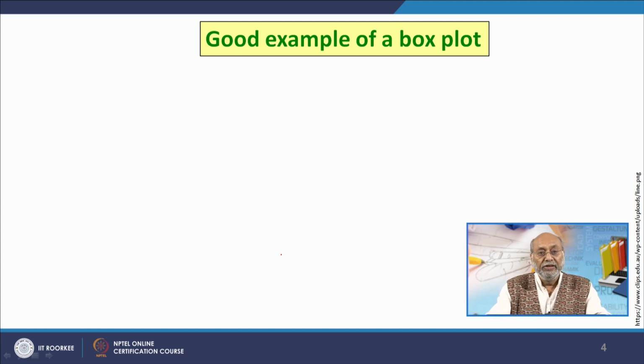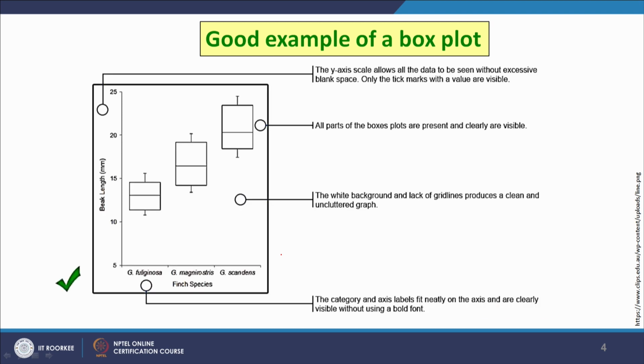Now, we can see a good example of a box plot, which we generally use to show the error margins and other things. Again, see that the beginning and end of the y axis is between 5 to 25, not between 0 to 30 or 0 to 100, because we want to show things much more clearly. Second, the area available for plotting is almost fully utilized.